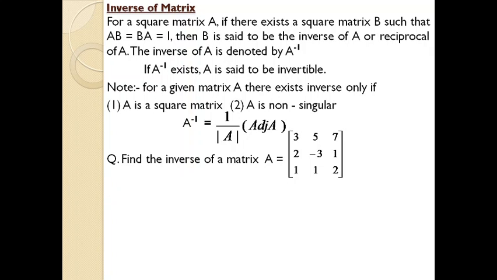So first of all, let's deal with the determinant part, that is the denominator value. That is the easy part. There is no rule that you have to first go for the determinant. You can either go for adjoint of A or determinant of A. It's up to your discretion, but anyway, you have to do it.